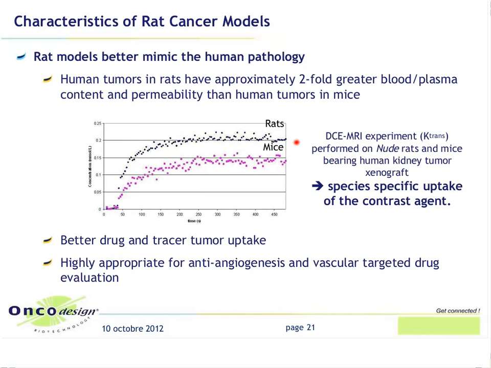This point will be described in the next slide. In the same manner, because of this higher Ktrans parameter, the tumor models in rats are appropriate tools for studying anti-angiogenic and vascular targeted drugs. With a higher Ktrans value, a decrease of this parameter could be better appreciated.